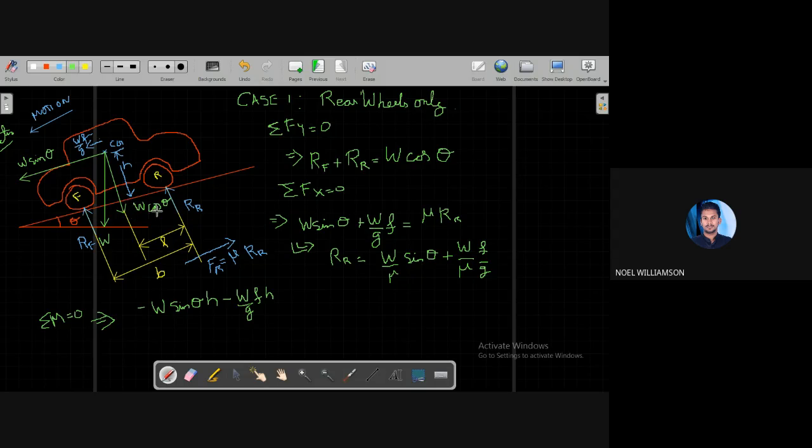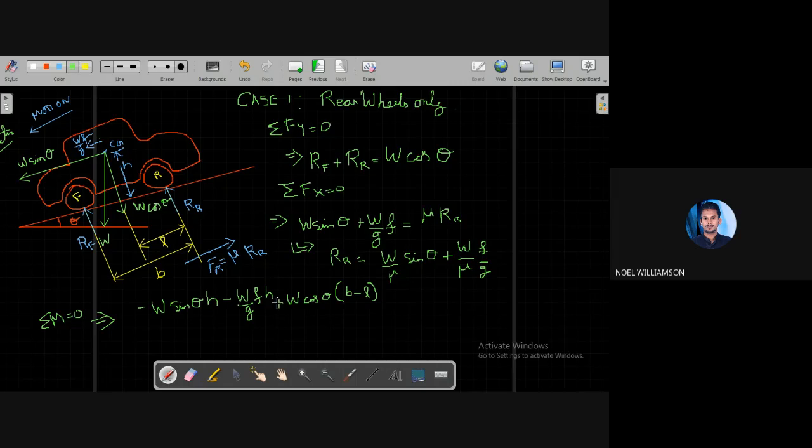Now the force W cos theta is at this particular distance. The total distance is b, and this much is l, so this distance is b minus l. This force W cos theta will create a clockwise moment, so we write plus W cos theta into b minus l, which is acting in the clockwise direction.